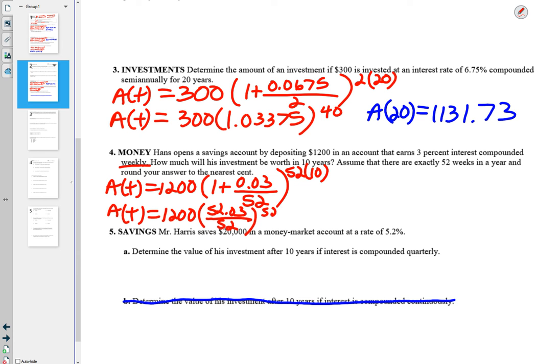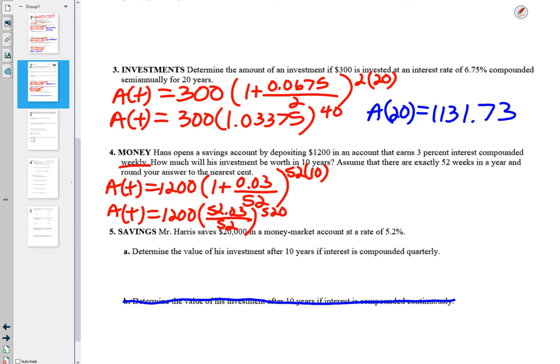To the power of 520. So what I would do on most calculators here is do that 52.03 divided by 50 first, hit equals, then take that. Wait, hold on. Why did I get a different answer? Oh, because I put divided by 50.